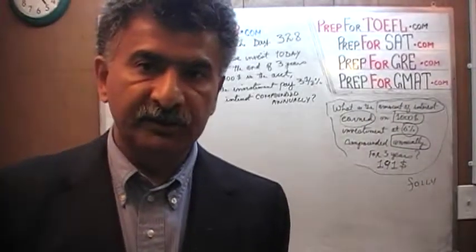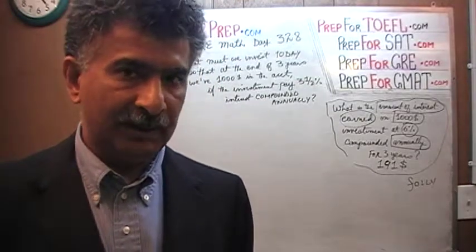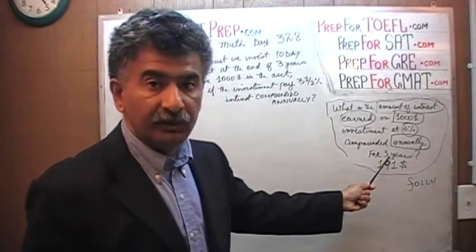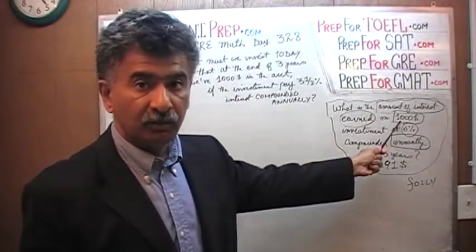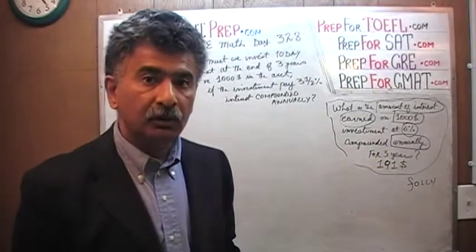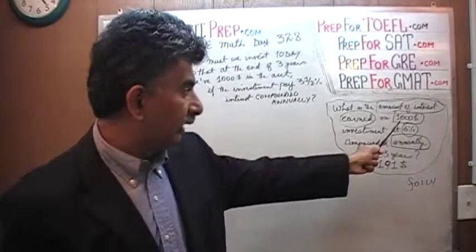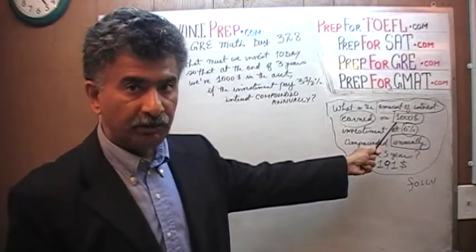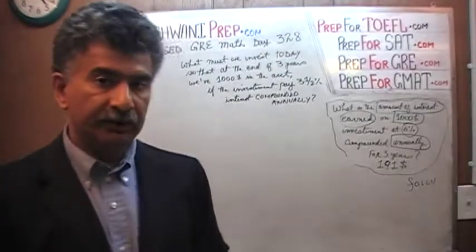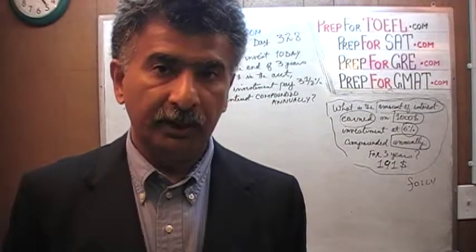Another way of asking the same question would have been, what is the total amount of money we will have in the account at the end of the 3 years, to which the answer would have been $1,191. $1,000 that we started out with, our initial investment, and $191 in interest.